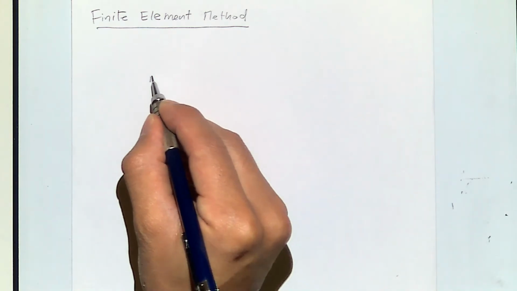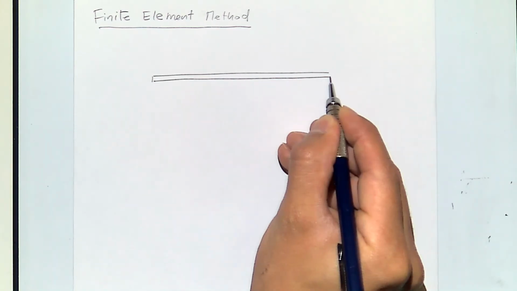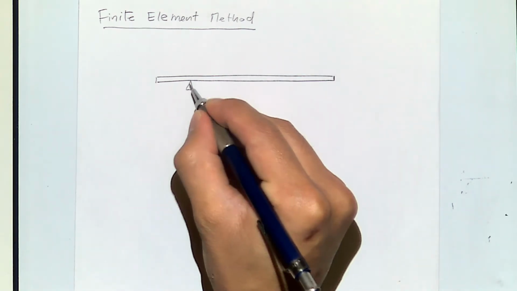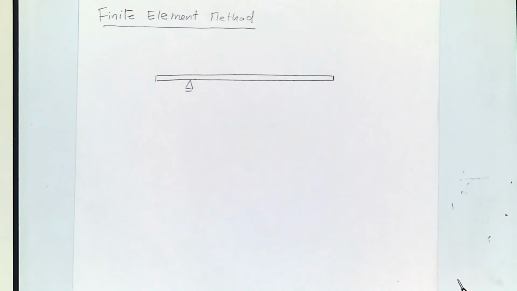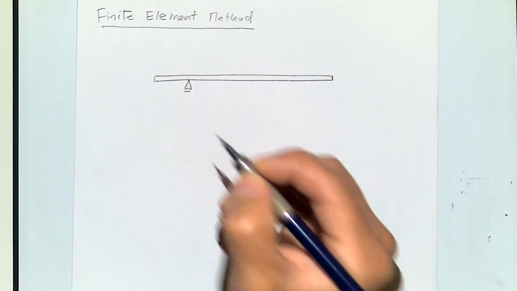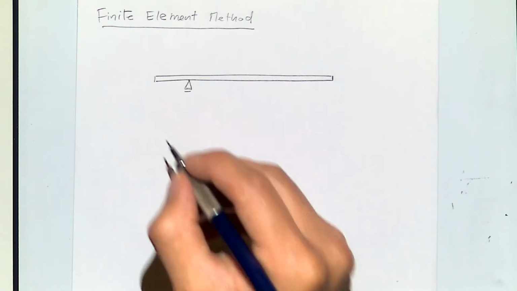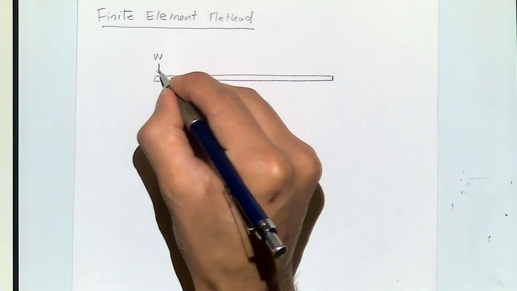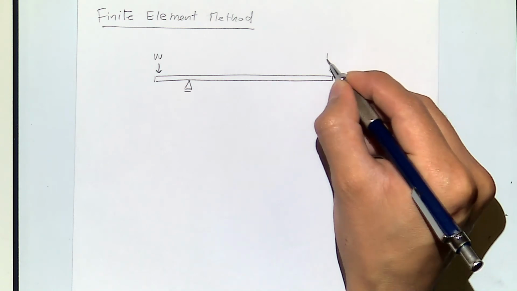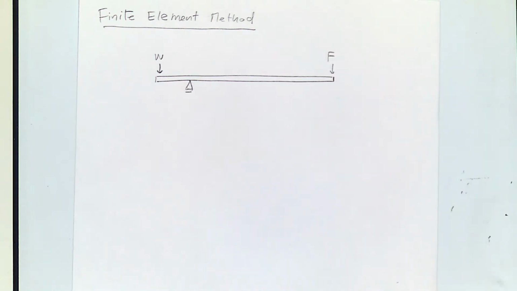So let's say that we have a bar, and the bar is supported on this point, and it's now moving down. And I put a weight here. My question is, what is the force I need to put on the other side in order to equilibrate the weight?